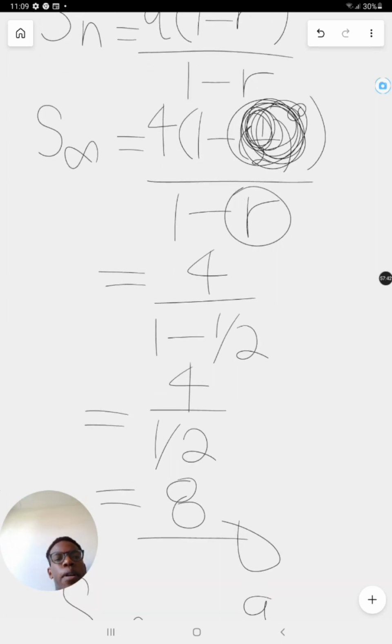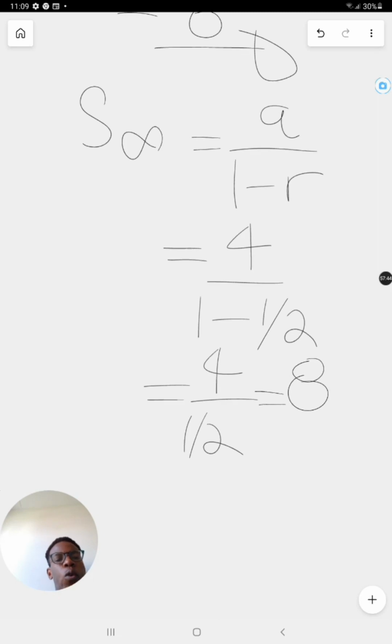Now remember, you only use this equation if you are dealing with a geometric convergent series. It has to be geometric and it has to be convergent. How do you know that it's geometric and convergent? Well, to know that it's geometric, you have to make sure that r is the same.